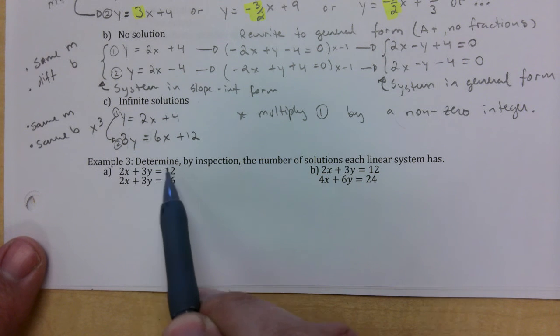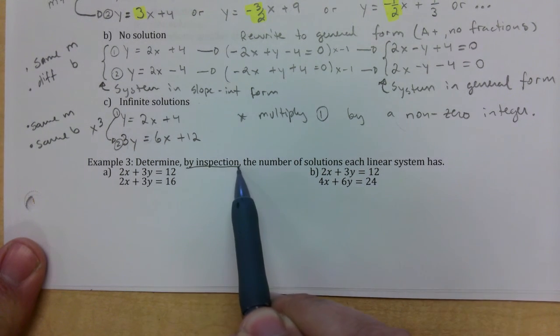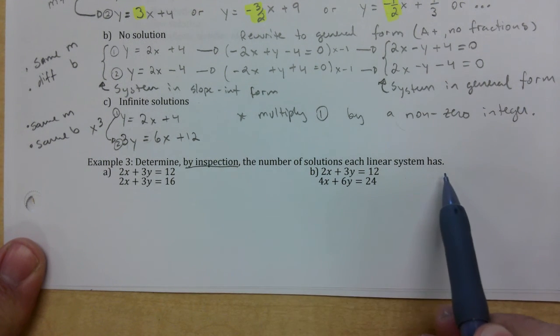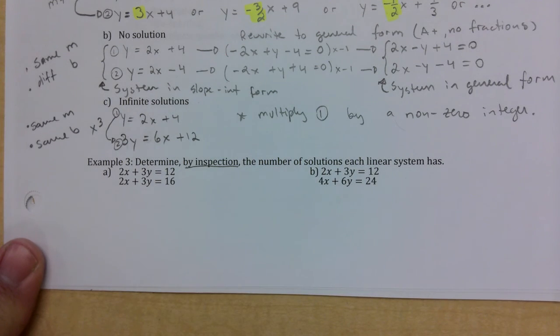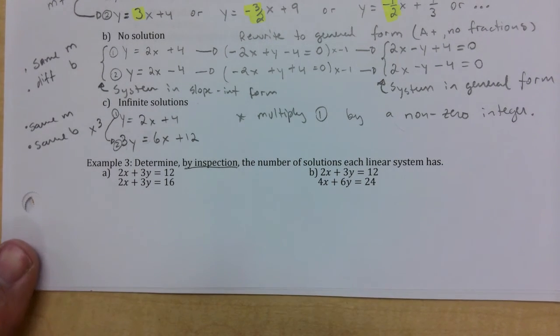All right, determine by inspection. Okay, by inspection, the number of solutions each linear system has. Whenever you see a pattern, there will be an infinite number of solutions, guaranteed, right?